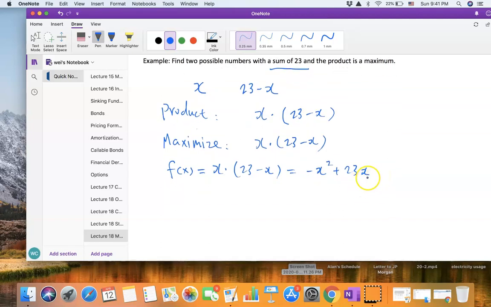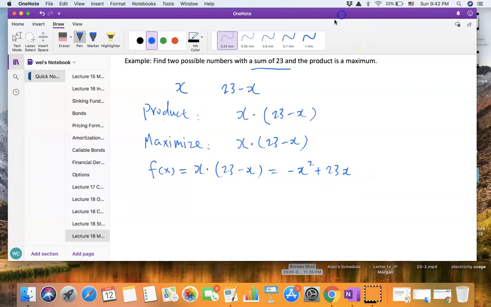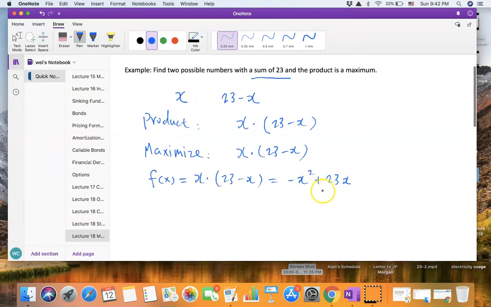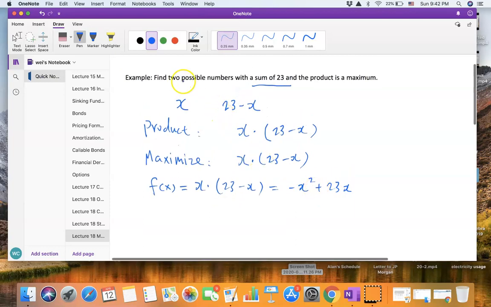Okay, just like the previous examples, before we start finding the critical points, let's think about what is the domain of this function. Because it says we want the product to be a maximum, these two numbers must have the same signs.